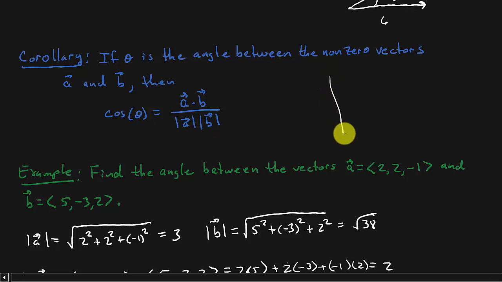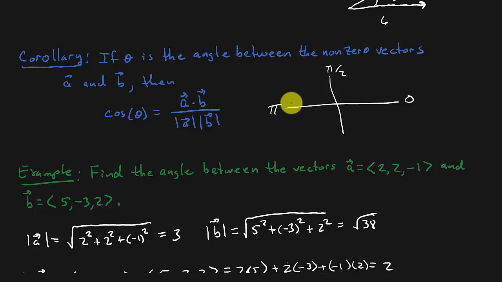Remember from trig that whenever you do the inverse cosine of a number, theta is going to be between what? 0 and pi. Remember, when you do sine, theta is between -pi/2 and pi/2, right?